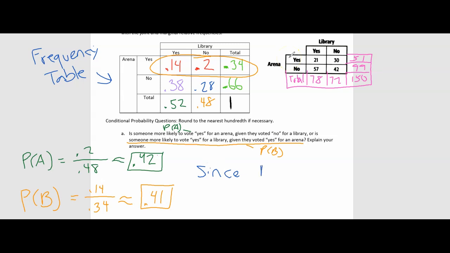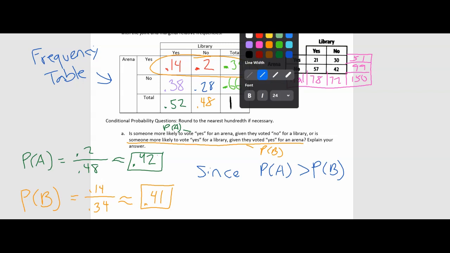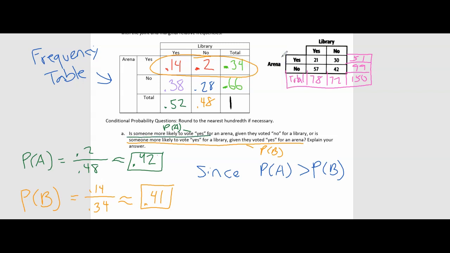So I'm just going to justify it here. Since the probability of A is greater than the probability of B, and you can only write those out as long as you define what they are, right? So we did that up here just by doing some color coordination.